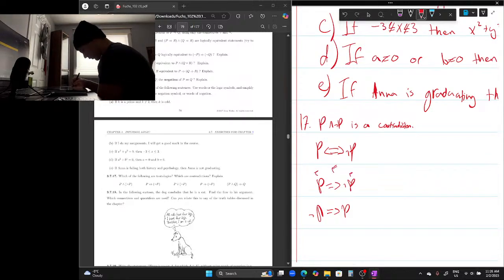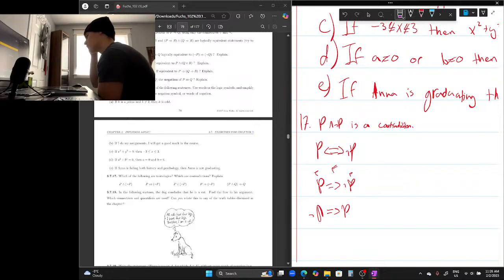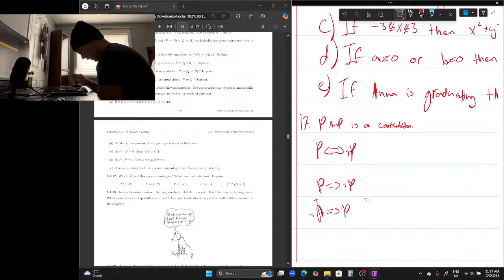Oh, it's false. But then if P is false, then that's false. And then again, if it's false, then this is true. So it's the contradiction.